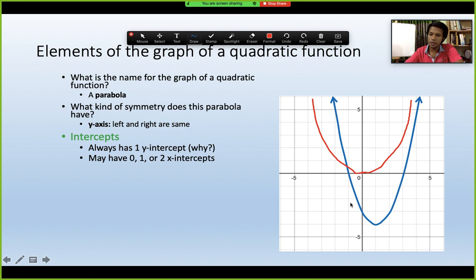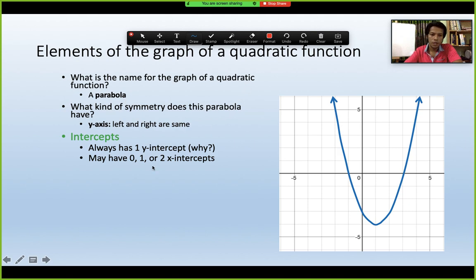Sometimes the parabola can go downside also. Again, it will have y-axis symmetry. So it can go downward, it can go upward. What symmetry will it have? It will have y-axis symmetry. What is the name of this shape? The name of this shape is parabola.